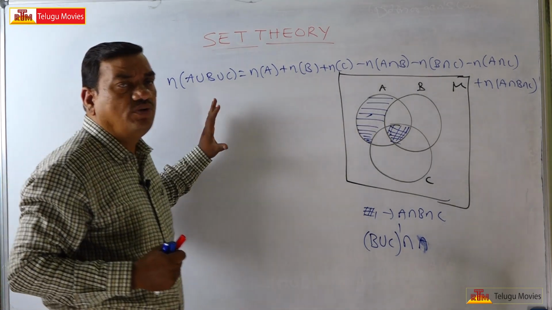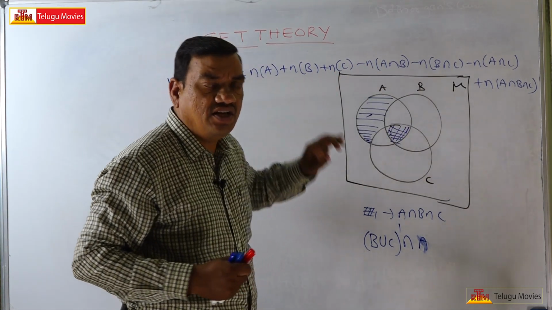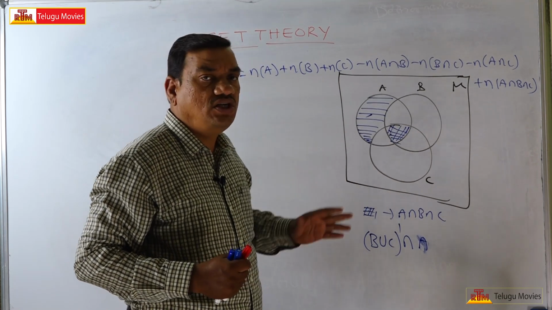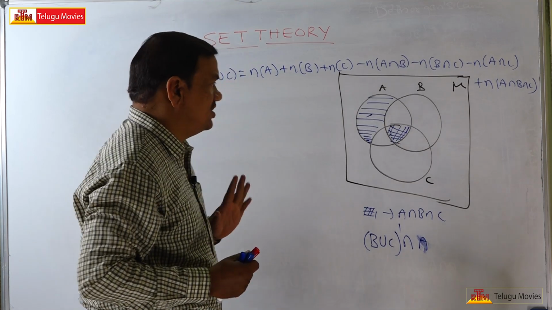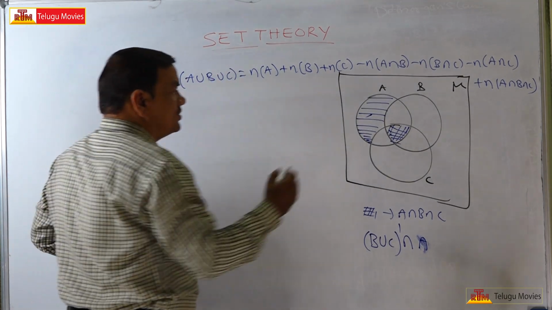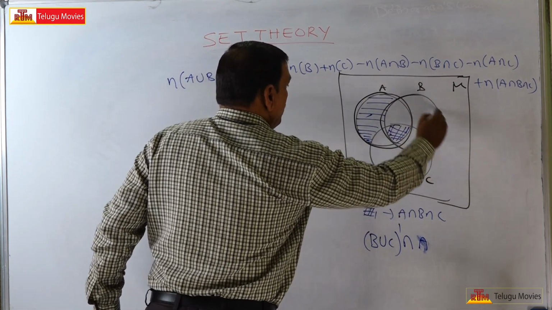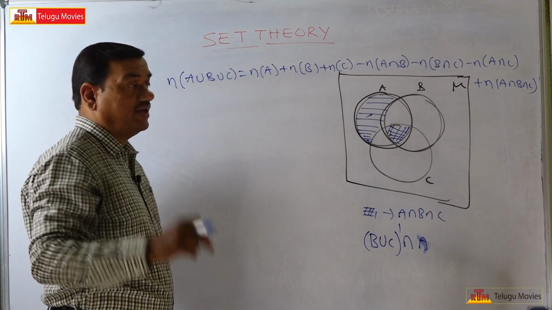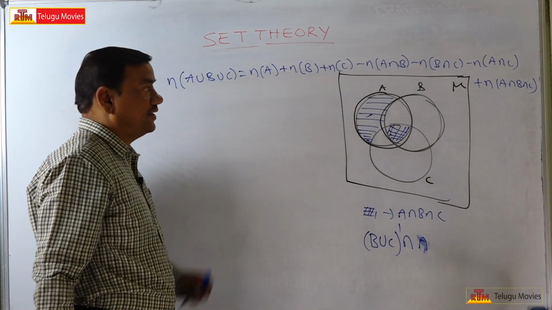N of A union B union C means you have to count all the elements which are present in either A or B or C, or both A and B, both A and C, both B and C, and A and B and C also. Here n of A is this part, n of B again includes A intersection B, remember that, and A intersection B intersection C also you are counting.